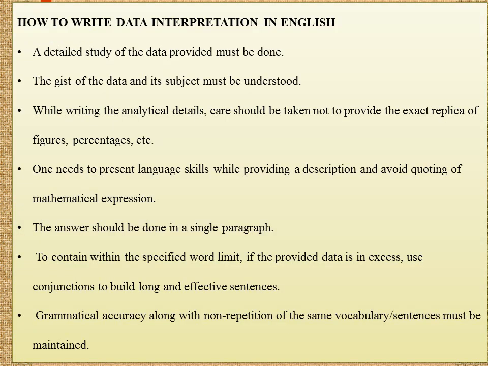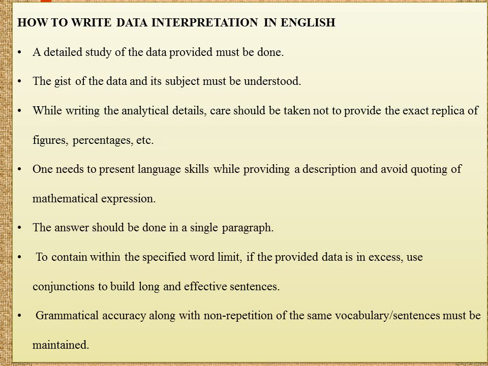Now let's understand the key things that we should keep in mind while writing a data interpretation or an analytical paragraph. We should begin or introduce our paragraph in a manner which tells us whether we are representing a bar graph, keywords, a pie chart, or just a graph.